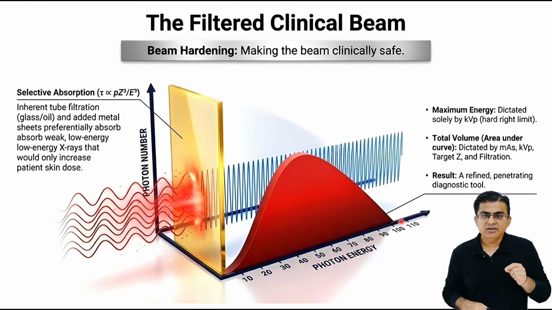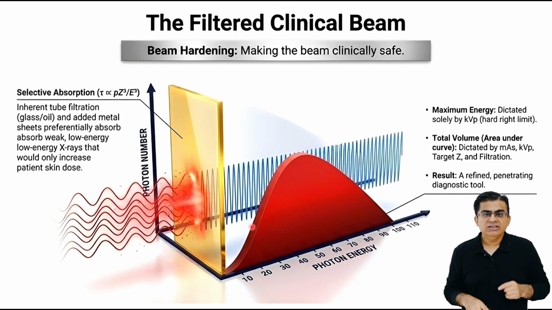This specific curve represents the actual filtered beam that you will use to treat your patient in LINAC or take X-rays of your patient in the radiology department. Notice how the entire left side of the raw spectrum has completely disappeared. Because of our inherent and added filtration, almost all weak photons are completely absorbed before they can ever reach the patient.